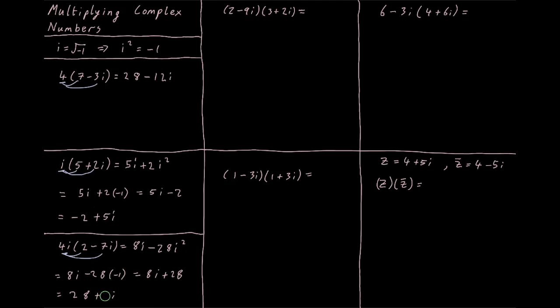And it gets a little bit messier when we have larger brackets to multiply, but the reasoning is exactly the same as it would be for any algebraic brackets. So we just start multiplying out. We have 2 of our second bracket minus 9i of our second bracket.